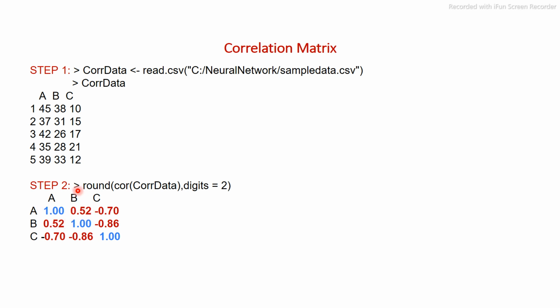So A and B are highly correlated. B and C are highly correlated but in a negative way, and you can see the diagonals are 1. This is how you read how 2 variables are correlated. A versus A has value 1 because these are the same variables. You are taking the correlation of the same variable, so it gives you 1.